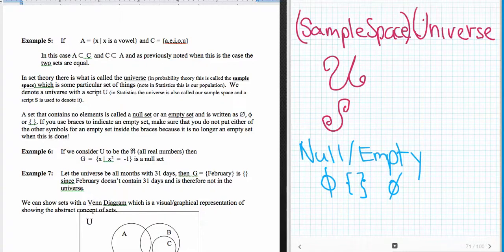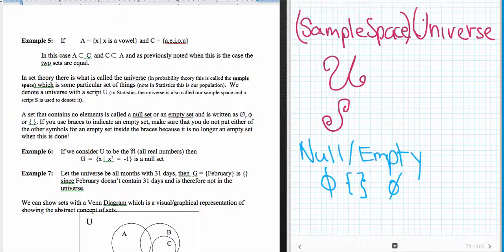So here's an example of a set that's an empty set. If we're considering our universe to be all real numbers, which in set builder notation in mathematics, if you do not state any other set of numbers to be drawn from, you are assumed to be under the real numbers. So G is described as x such that x squared is equal to -1.